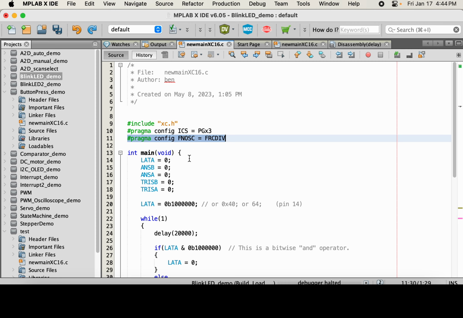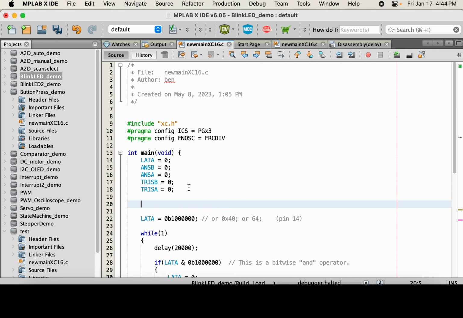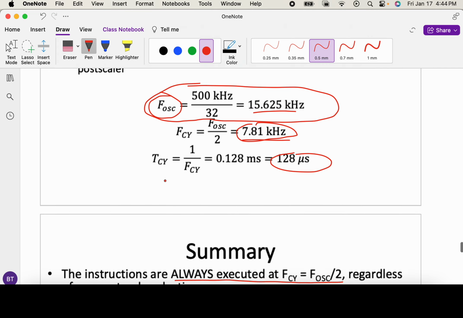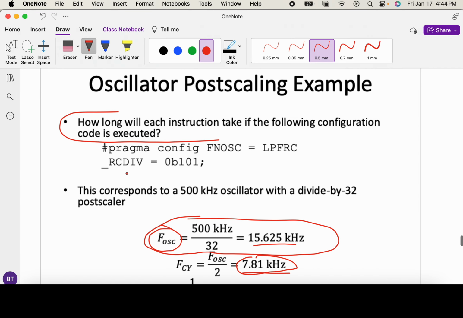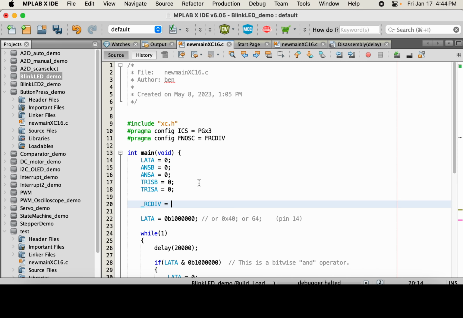So you can set those underscore RC div values. Did I do that right? RC div, yep, so it highlights it in blue. That means you have a correct definition here. If I put RC dig, it should turn black because there's no definition. So blue means there's a definition for that one.